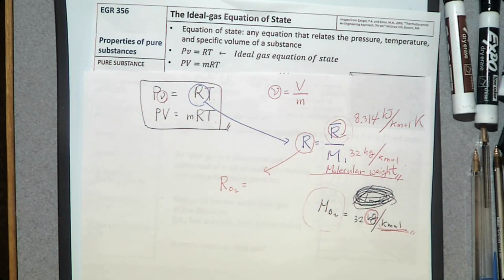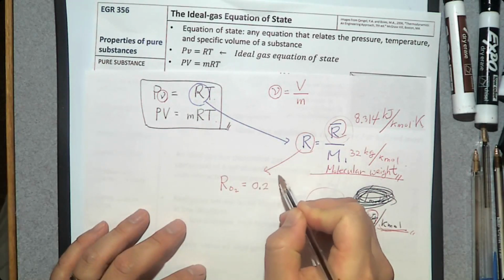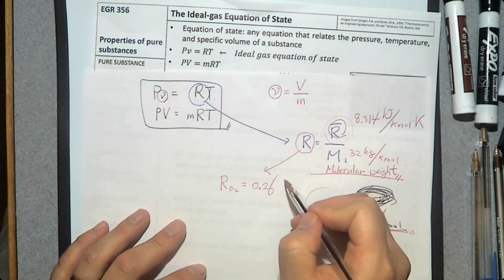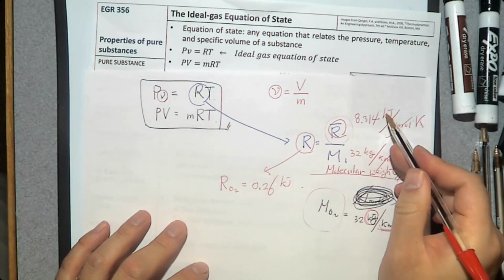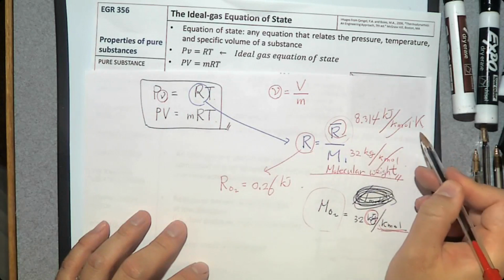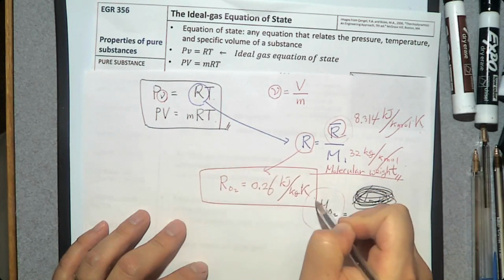Calculator: 8.314 divided by 32, so we have approximately 0.26 kilojoule. Kilomole will be cancelled, so we have kilojoule per kilogram Kelvin. So that is the gas constant.